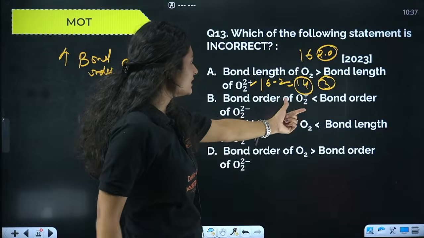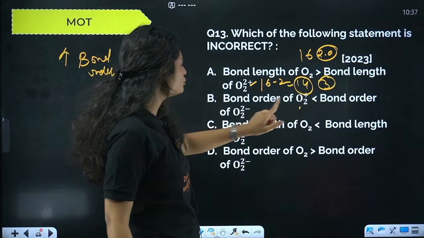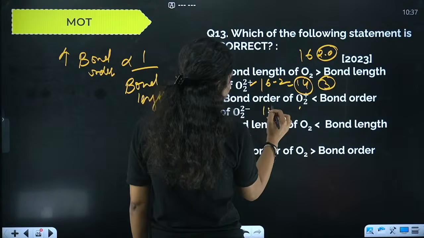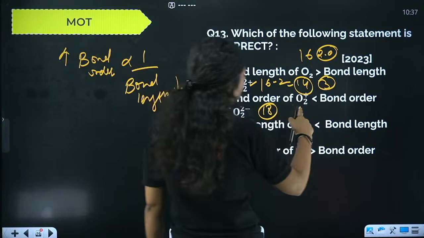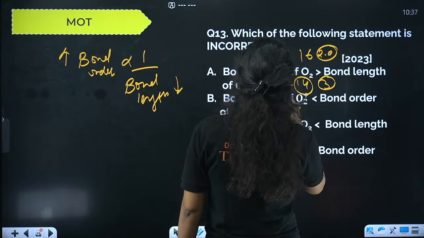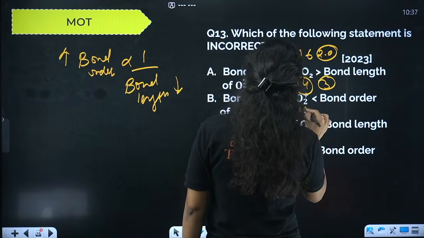Similarly, bond order, again bond order of O2 positive and O2 2 negative. O2 2 negative means 18 electrons, and O2 positive means again 16 minus 1, which is 15 electrons.